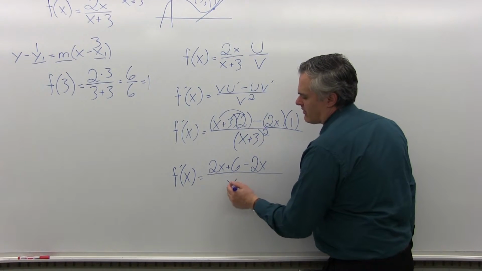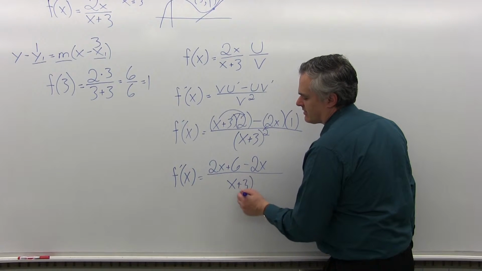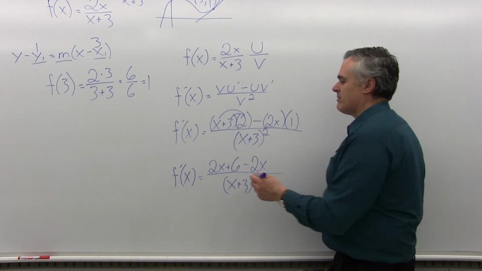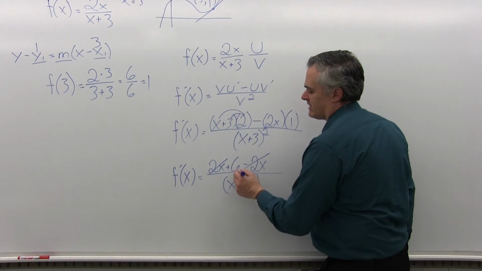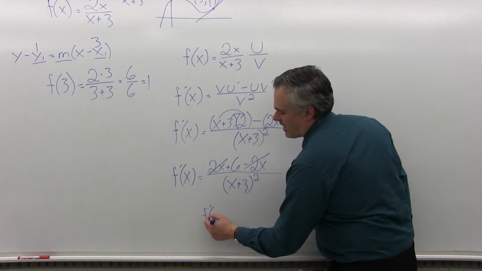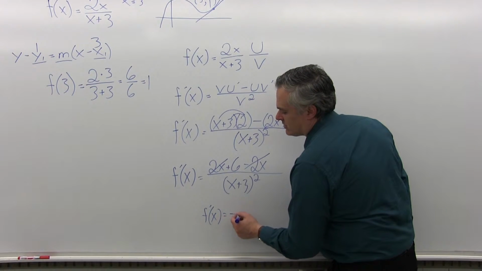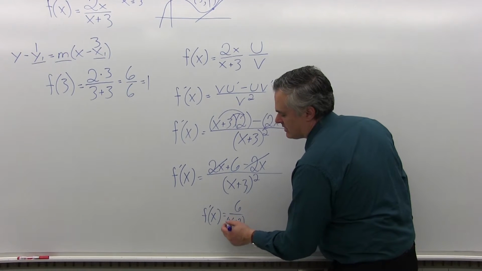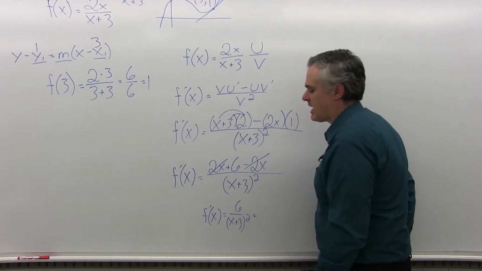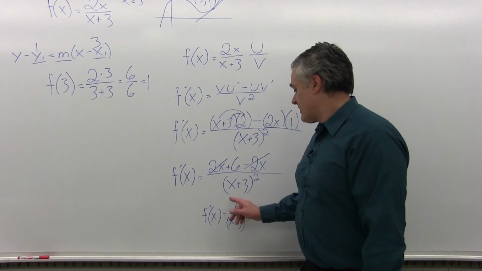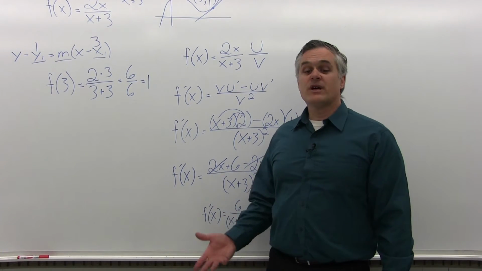And in the denominator, I can just let x plus 3 in parentheses to the second power stay the way it is. And on top, positive 2x, negative 2x. I have f prime of x equals 6 over x plus 3 in parentheses, where the parentheses are raised to the second power. That'll tell me the derivative or the slope for any value of x that I want.